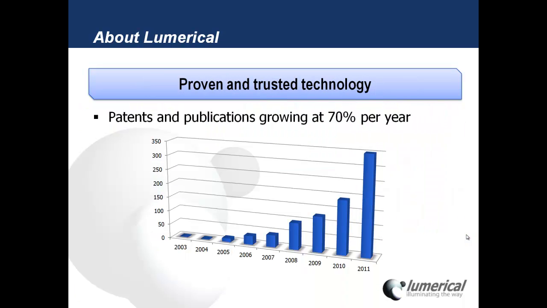And since Lumerical's creation in 2003, our technology has become well proven and very trusted in the industry. The number of patents and publications that reference our software is growing at more than 70% per year, and now there's well over 1,000 patents and publications referencing our software tools.